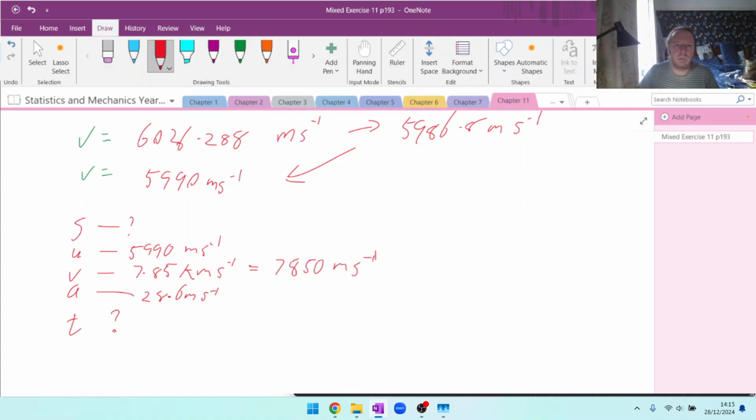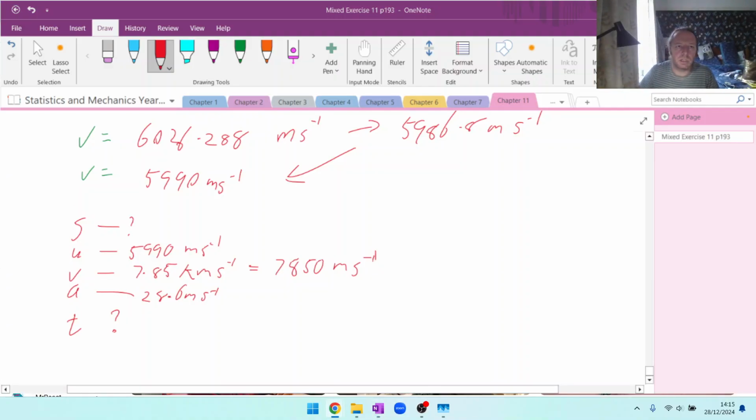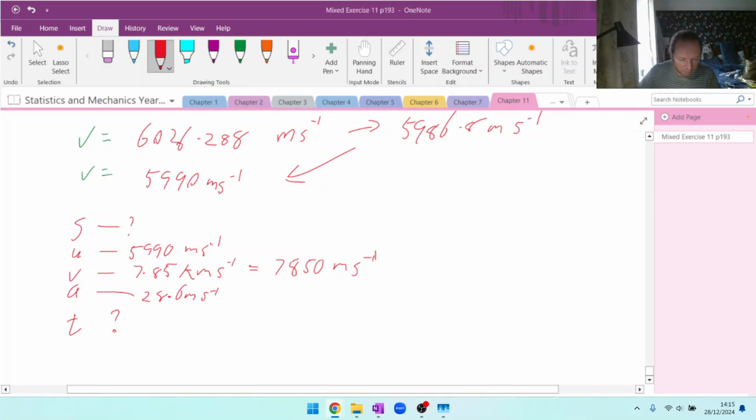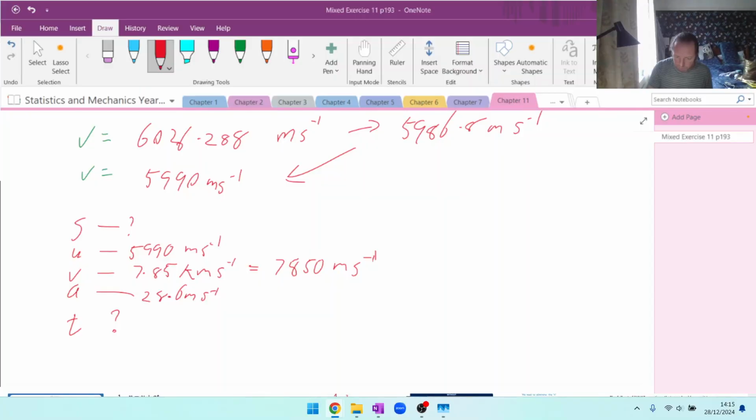All right, where are the SUVAT equations? So we are looking for time, we're looking for the one with no S in it. Okay, and that is going to be V equals U plus AT.